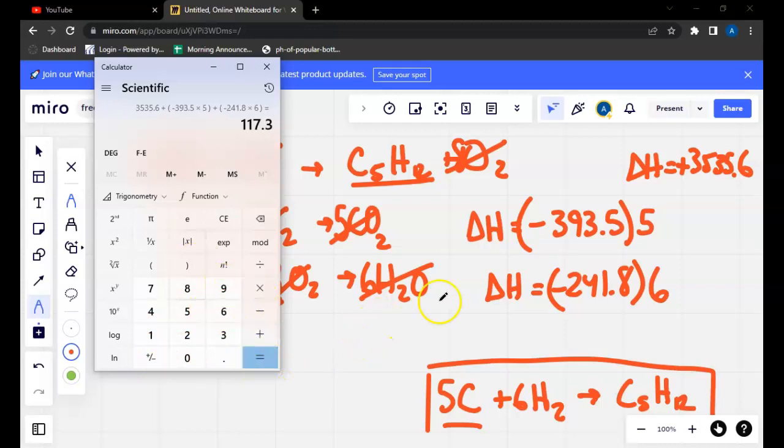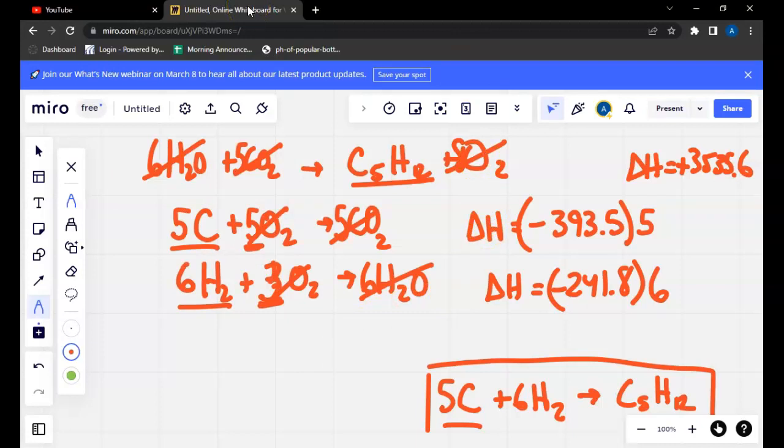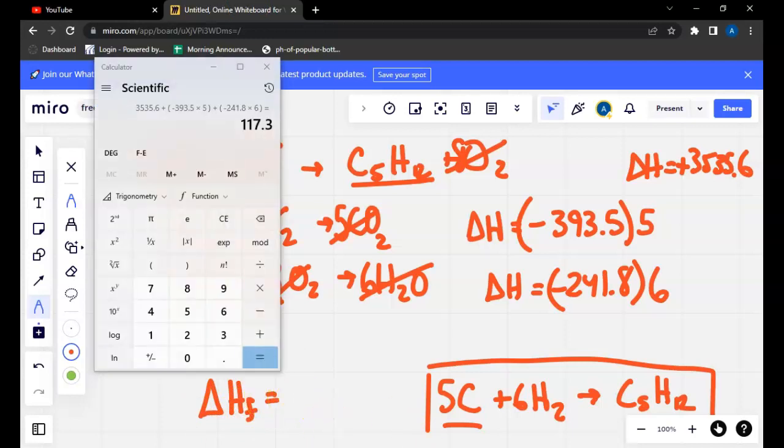Add those all together, I get 117.3. That's going to be my delta H formation of that equation. Say 117.3.